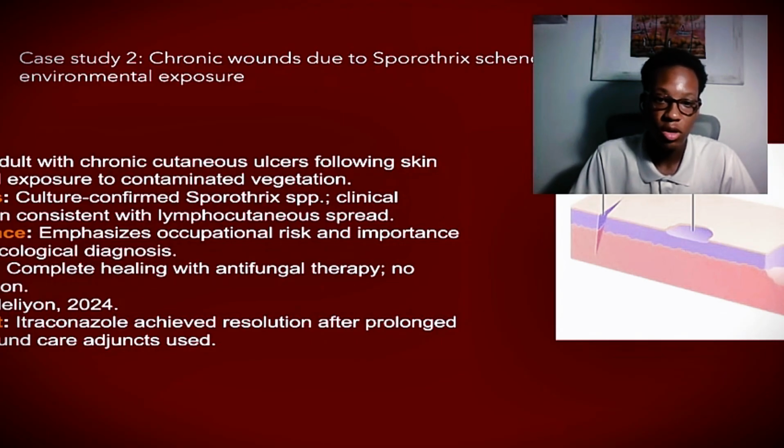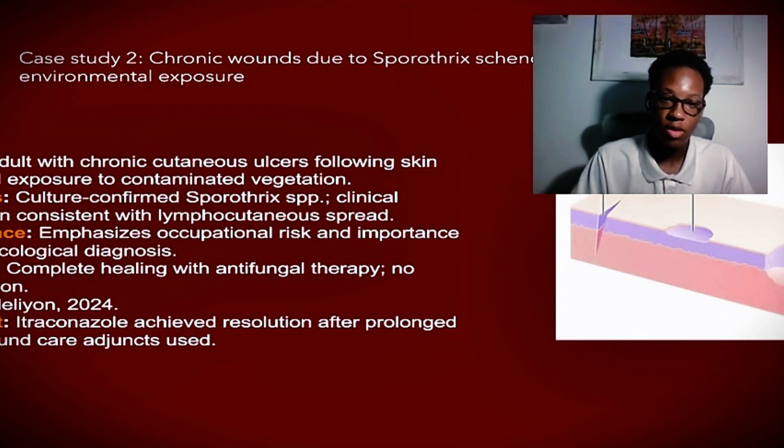Significance: emphasizes occupational risk and importance of early mycological diagnosis. Outcome: complete healing with antifungal therapy, no dissemination. Source: Heliyon, 2024. Treatment: itraconazole achieved resolution after a prolonged course. Wound care was used as an adjunct.